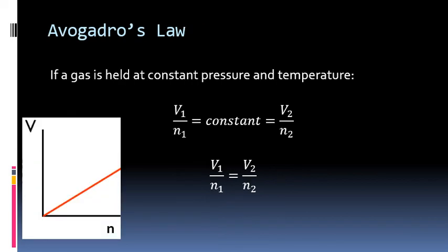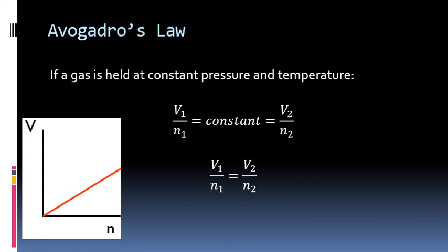Another gas law would be Avogadro's law. Now this is slightly different than the other ones we talked about. This one actually covers the amount of gas, and it is valid if a gas is held at constant pressure and temperature, such that if volume and the amount of gas are the only two factors that are changing, then volume and the amount are proportional to one another.